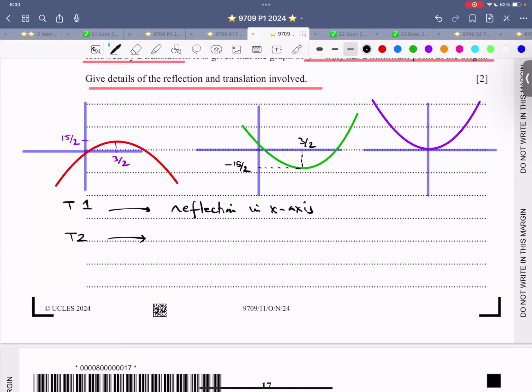Transformation 2 is a translation of 3/2 units to the left along the x-axis and, because it's negative, we have to take it 15/2 units up. Therefore, the translation vector is (3/2, 15/2). Sorry, this is negative, this is positive. All good, all clear? That's how this is done.